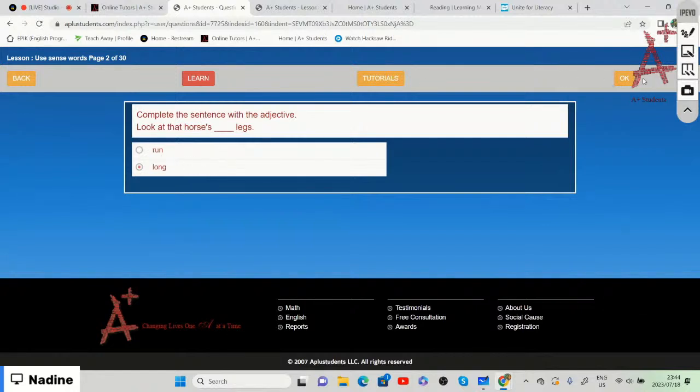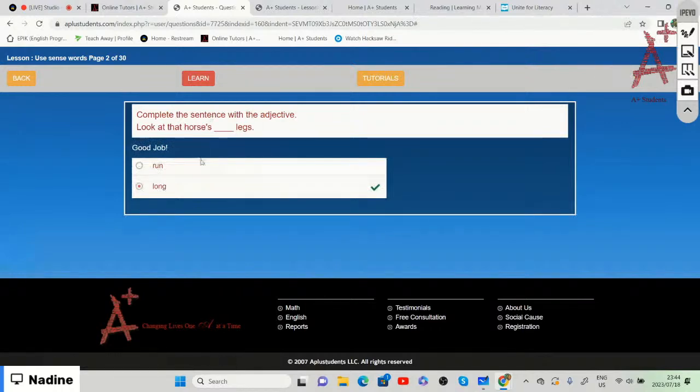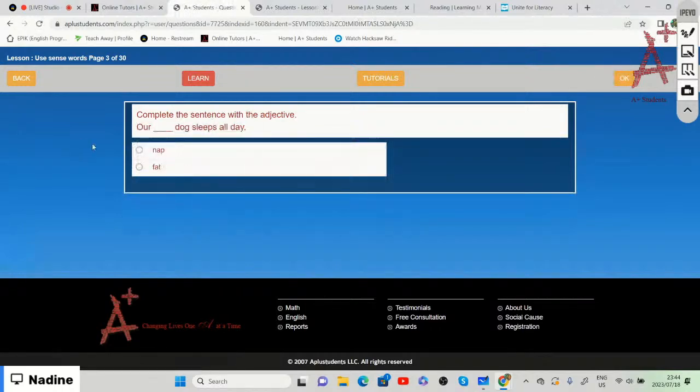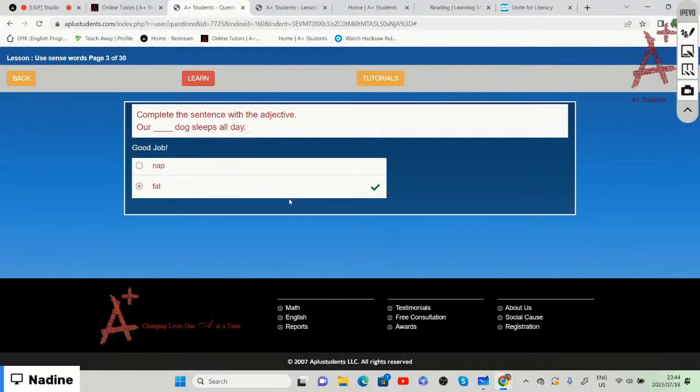We cannot describe the horse's legs as run. Our nap dog sleeps all day or our fat dog sleeps all day. We need to complete the sentence with the correct adjective, right? So we can say our fat dog, because nap does not describe the dog.